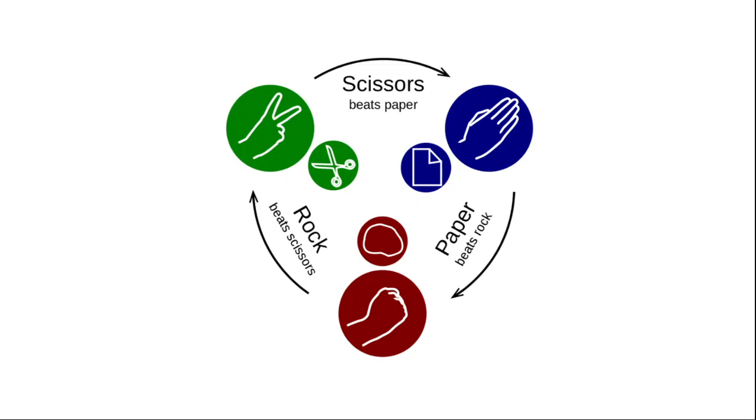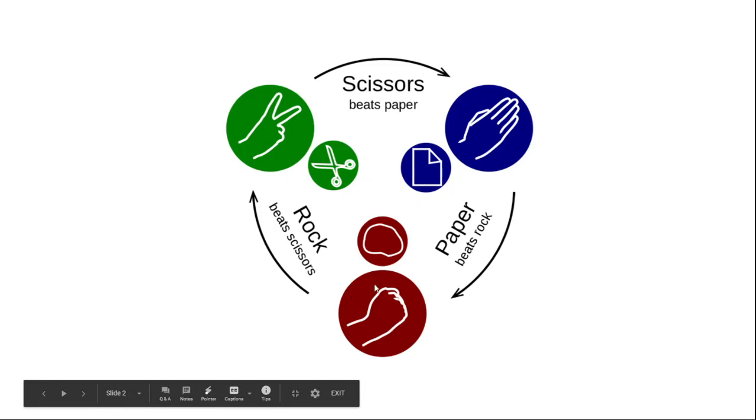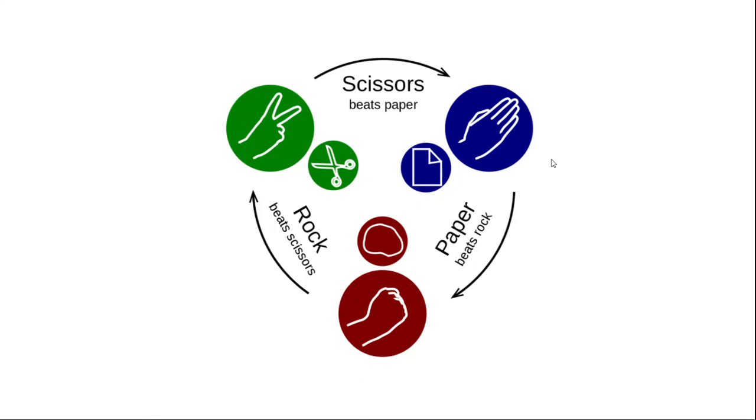If you and someone are playing against each other, there's always a circle of which item beats which item: scissors beats paper, paper beats rock, and rock beats scissors. It's a circle of not knowing which one can win.